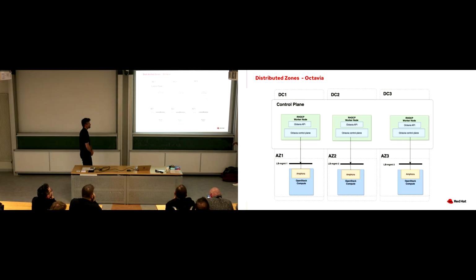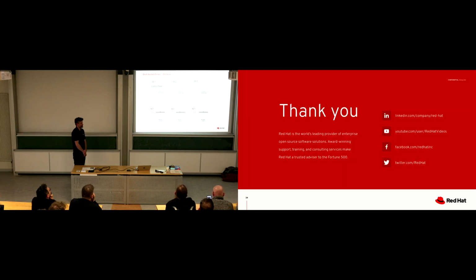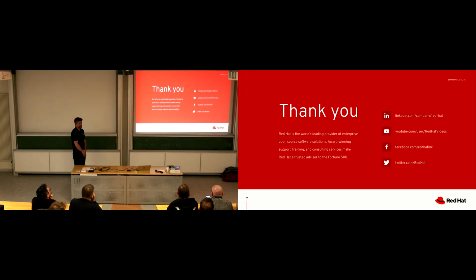So you see, as mentioned by Gregory, we have zones for Octavia, so each zone will be managing the Octavia and Amphora of the zone in question. So this is the architecture used in Red Hat OpenStack. And thank you. That is it.